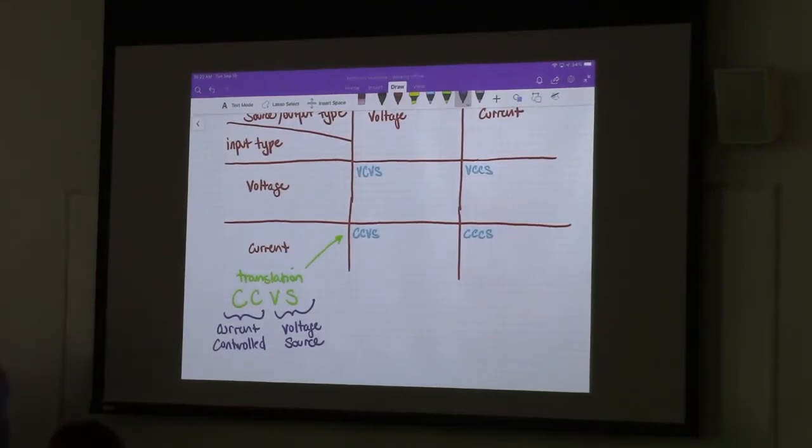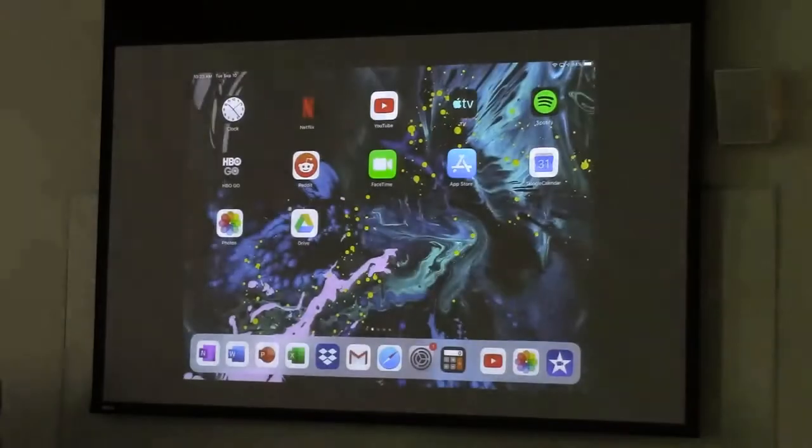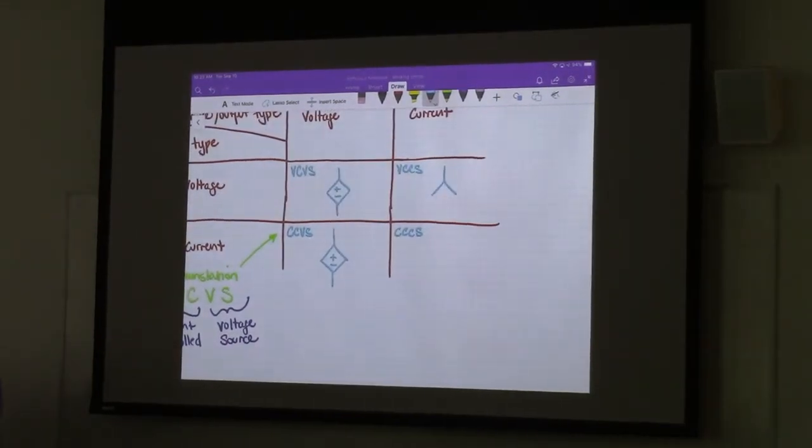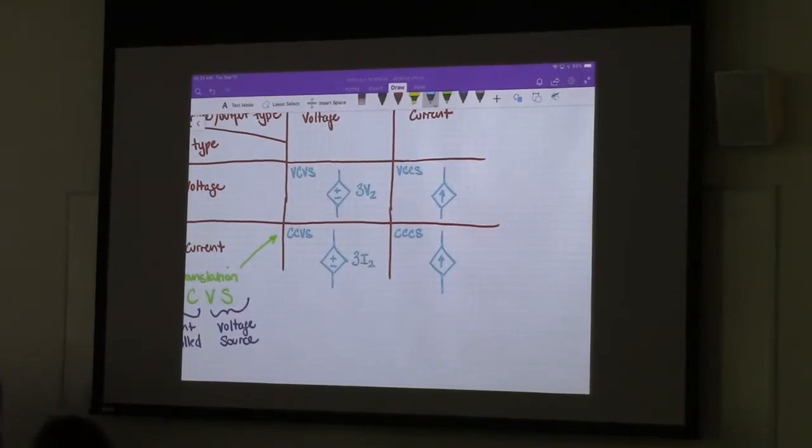Okay, so what do those look like? Both the dependent voltage sources look the same.